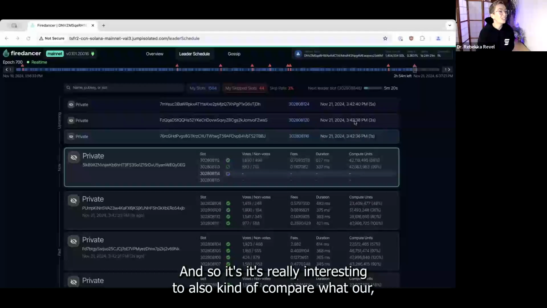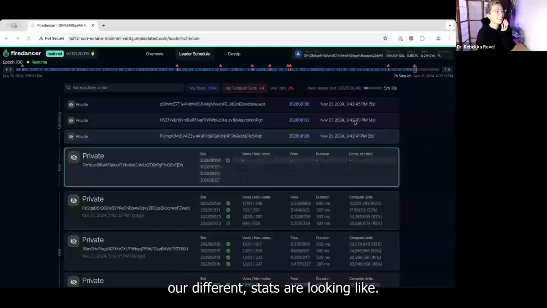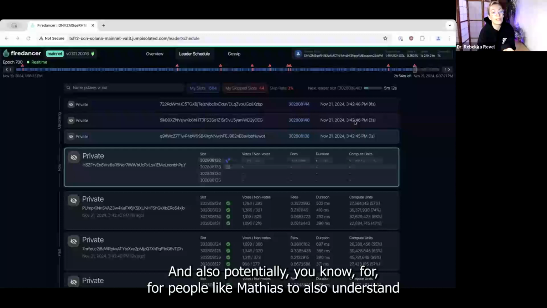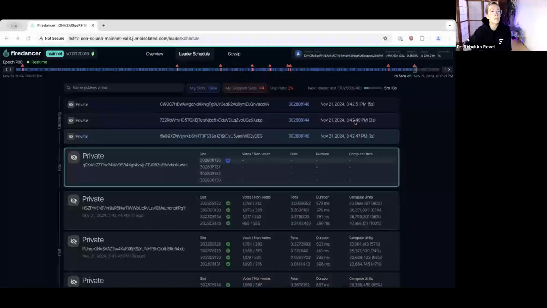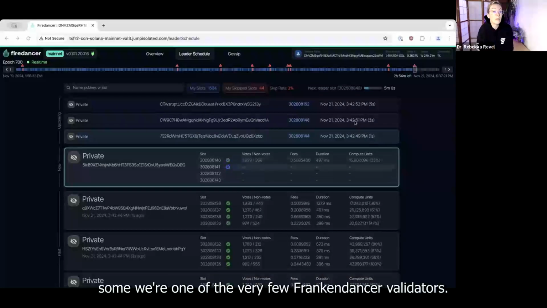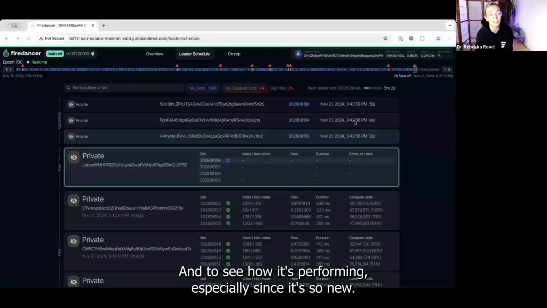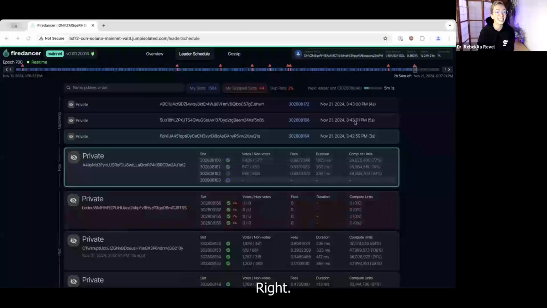So it's interesting to compare what our different stats are looking like, and also potentially, for people like Matthias, to understand and refine, because we're one of the very few Firedancer validators, and to see how it's performing, especially since it's so new, right?